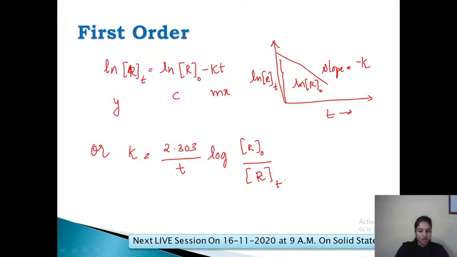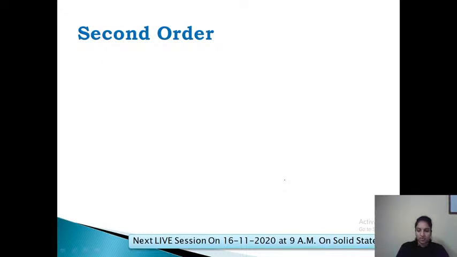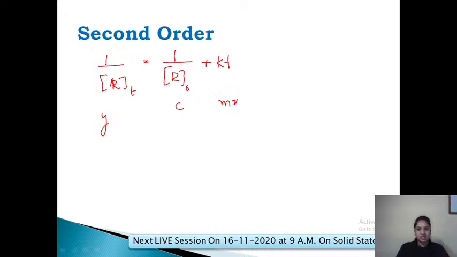Now coming to the second order reaction. What equation do we have? 1 upon concentration of R at time t equals 1 upon concentration of R naught plus k into t. Again, y = c + mx.